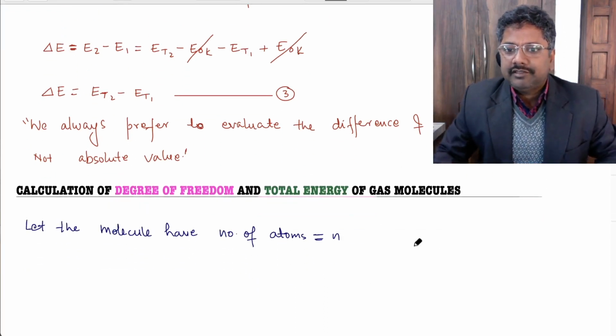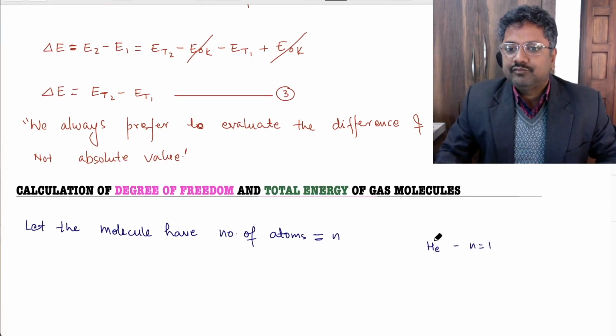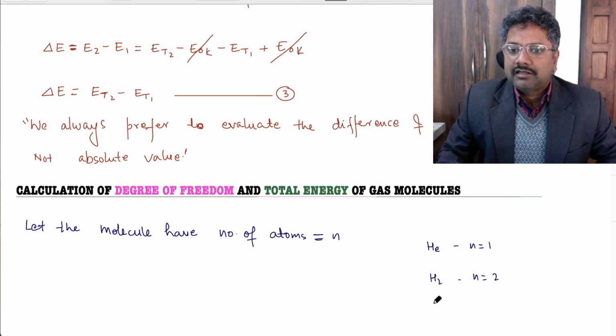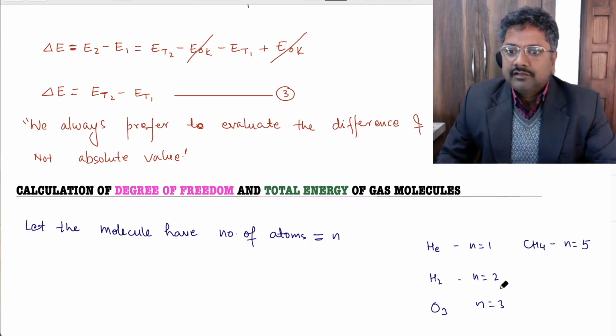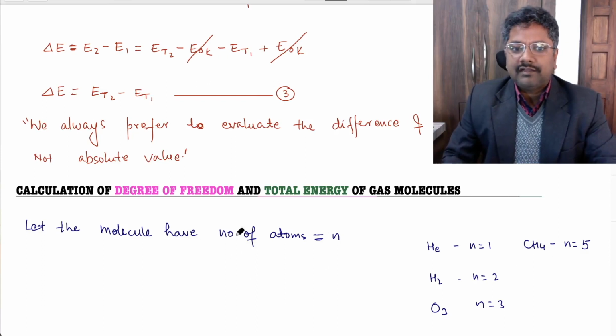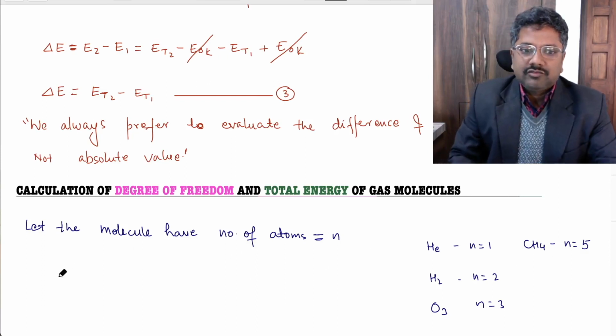For example, if you take helium, for helium n is equal to 1, monoatomic. For hydrogen n is equal to 2. For ozone n is equal to 3. For CH4 n is equal to 5, right? So n is the number of atoms present in the molecule, so the total degree of freedom, right?